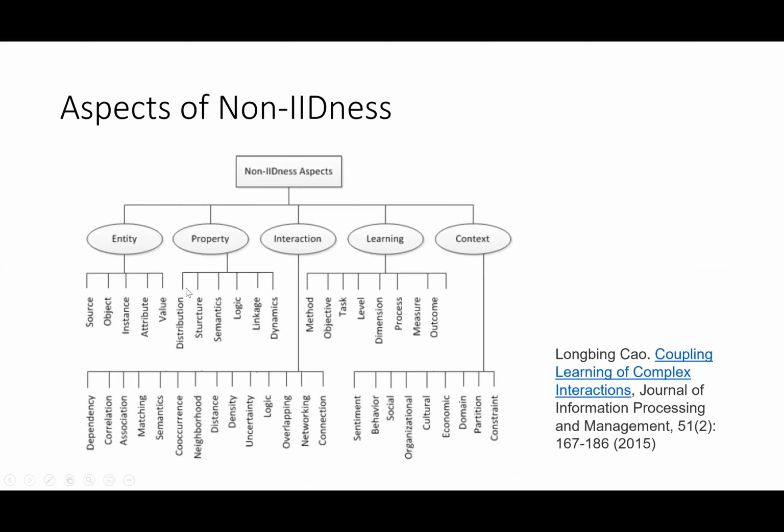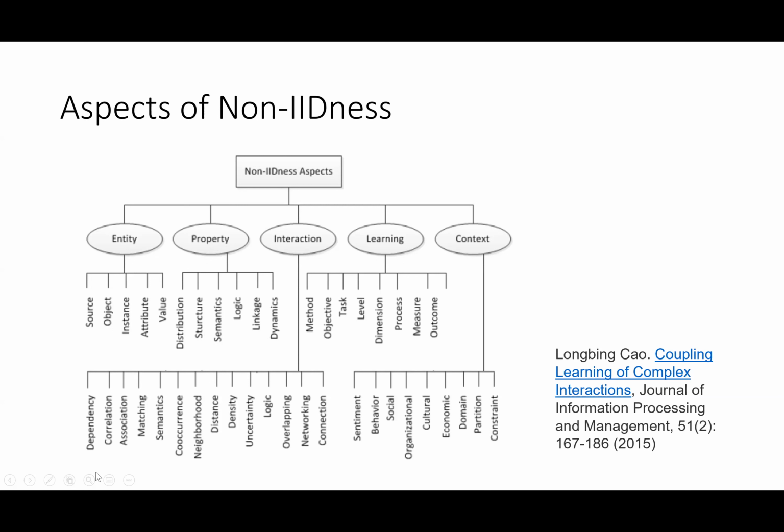And what do we mean by that? It means that with the entity, for example, a data, source, or value, we have to consider there are couplings, interactions, and heterogeneities. And from the property perspective, like distribution, semantic, logic, linkage, or dynamic, that could involve non-IIDness as well. And we talk about interaction. Interaction is a common word widely used in complex systems, right?